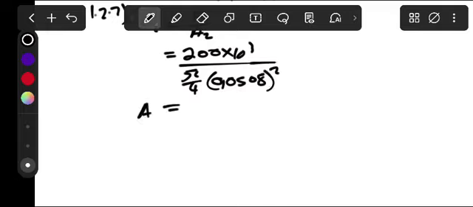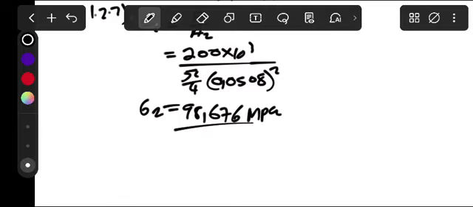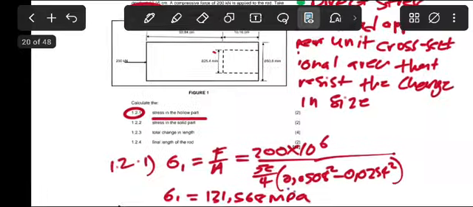Then our stress in the solid part will be equal to 98.676 megapascal, if you punched your calculator accurately.